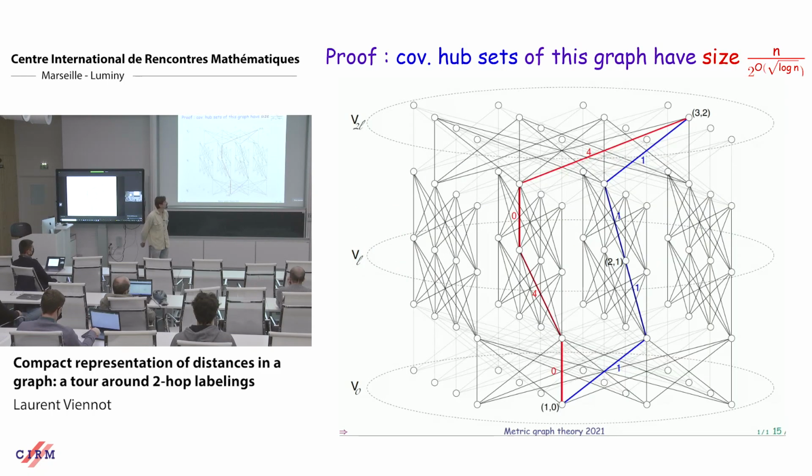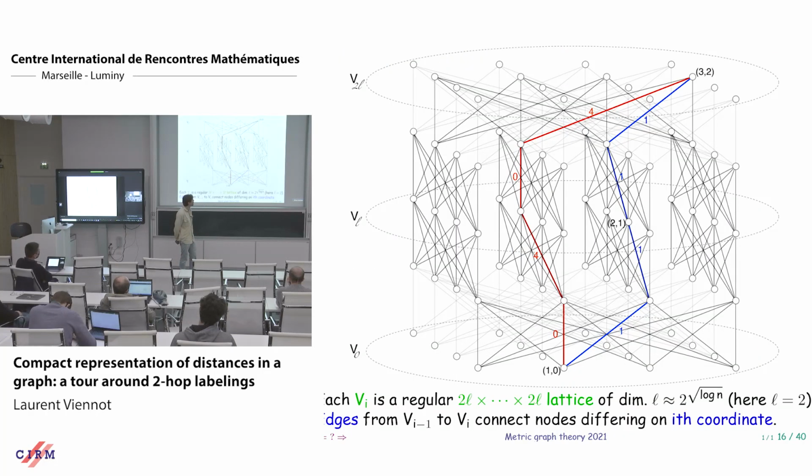The proof of the theorem is basically this graph. I claim that if you take this graph, there is no hope to find significantly sublinear upsets for it. So what is this graph?